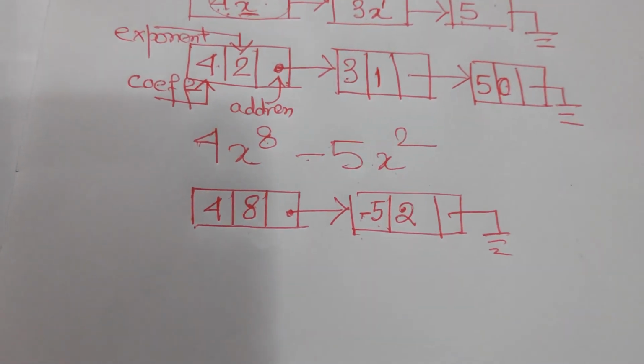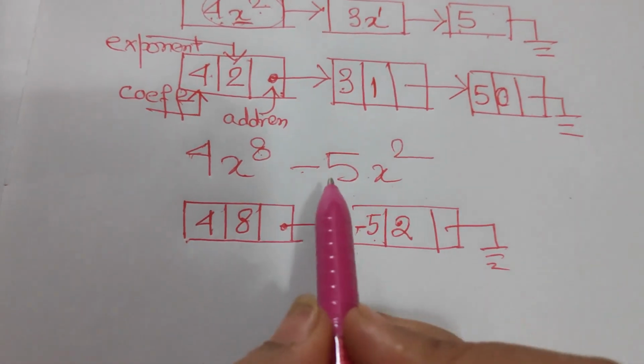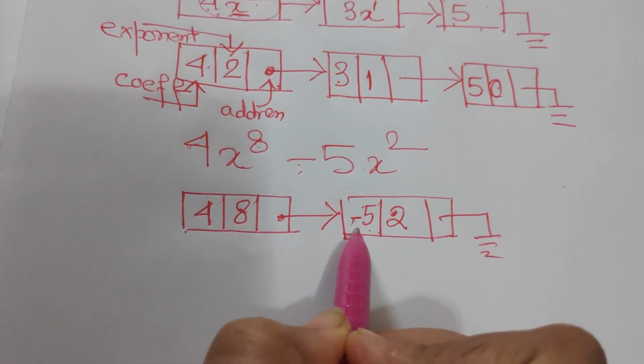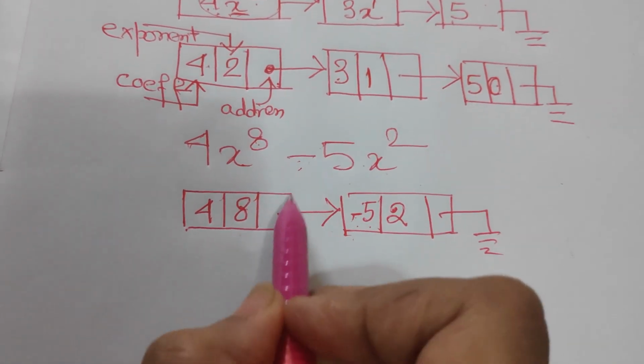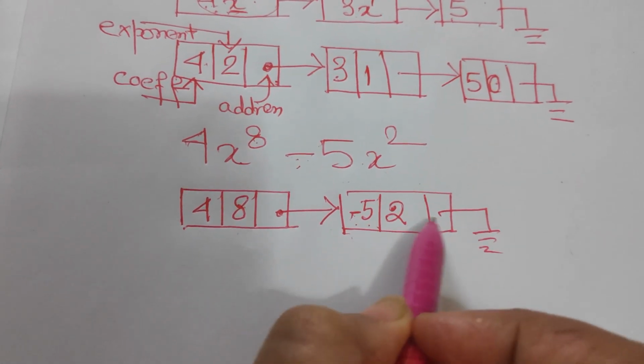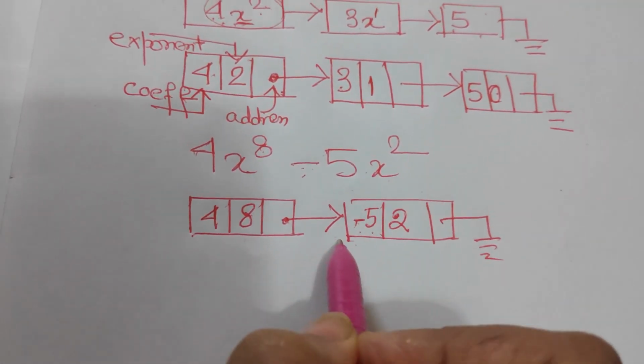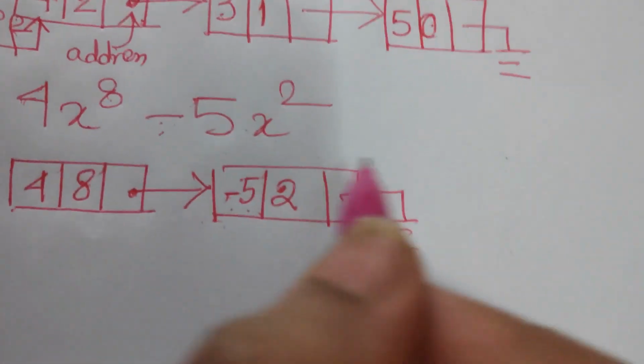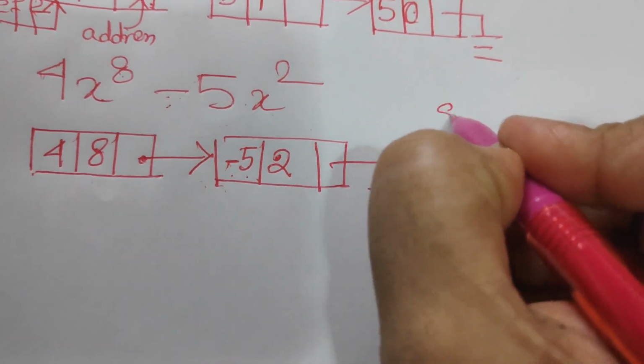So you do not have to represent this minus sign separately. When you write minus 5, this minus sign is automatically represented in the coefficient of this term. Clear? So therefore, how do we write down the structure?